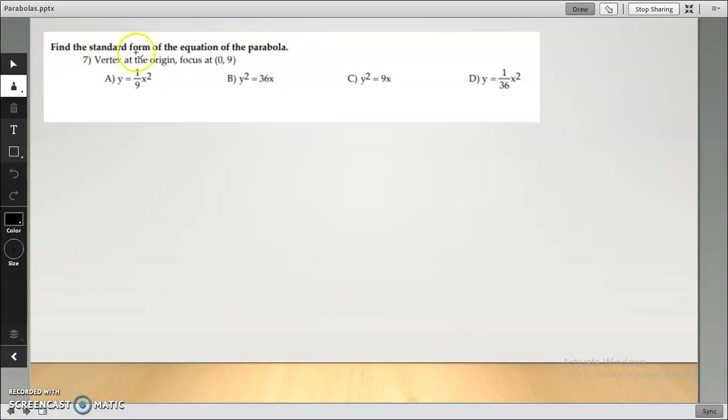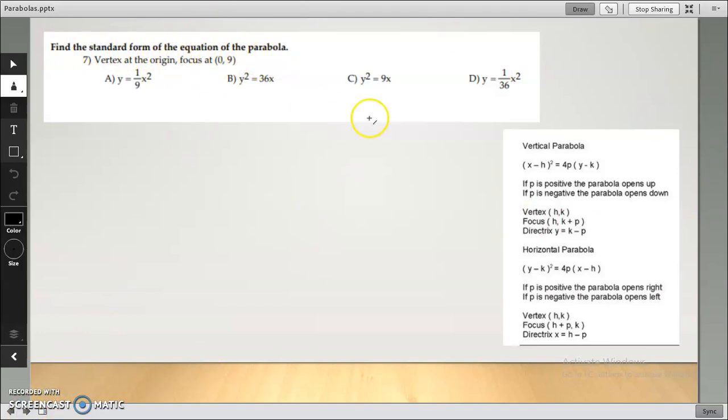All right, it says find the standard form of the equation of the parabola. So again, I know that it is vertical just because of the focus that they gave me. The focus was at 0, 9. When the focus is at 0, 9, I know that this is what I'm changing here. So my vertex is 0, 0, because it's the origin. So I don't really need to put anything there, but I can plug it into the equation.